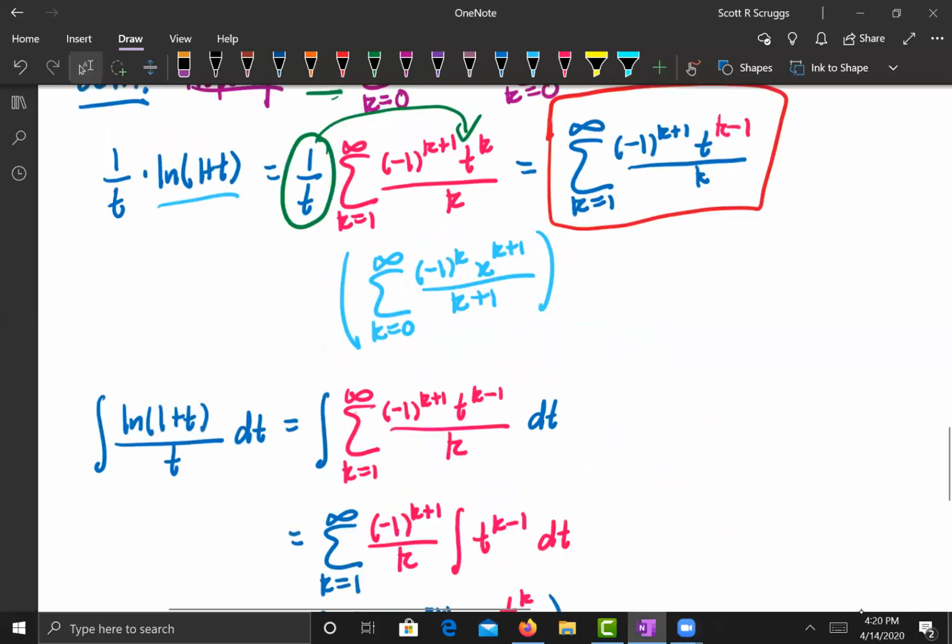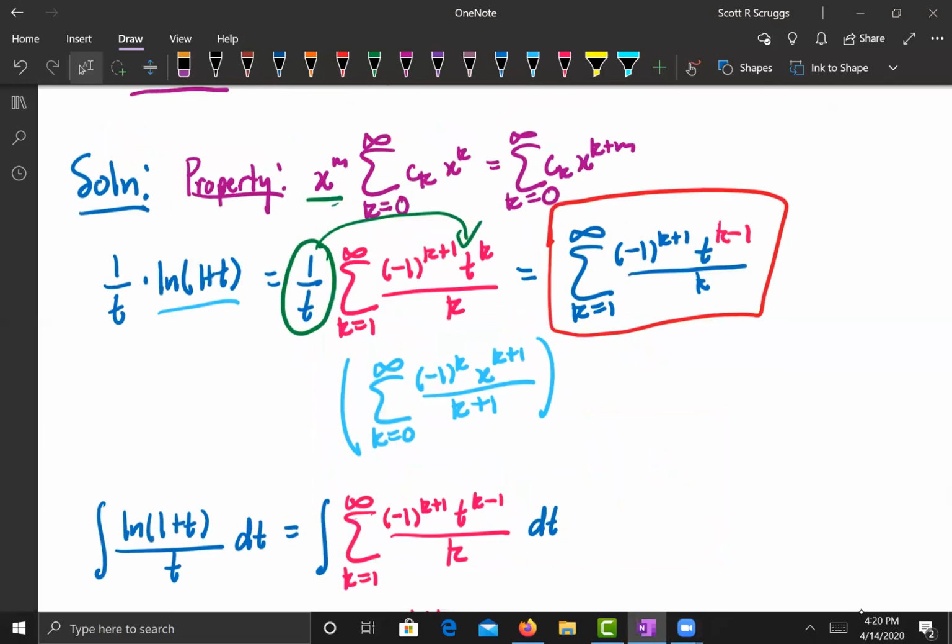So the way that I got the initial equation is I used the Maclaurin series for natural log of 1 plus t, which is the sum from k equals 1 to infinity of -1 to the k plus 1, t to the k power over k. And then I used my property of power series that says if I have a variable raised by a power outside the power series, I can move it inside the power series by adding the two exponents together.